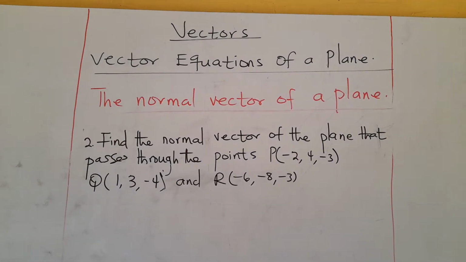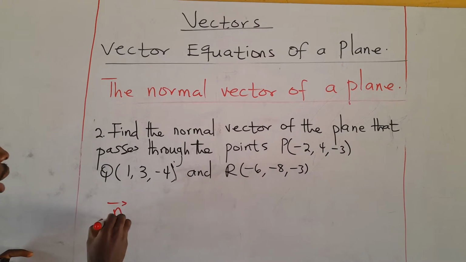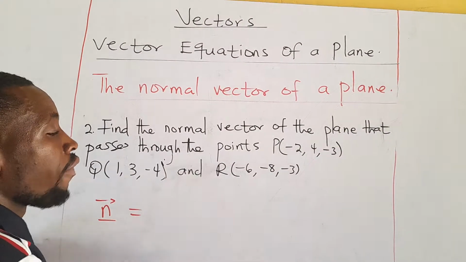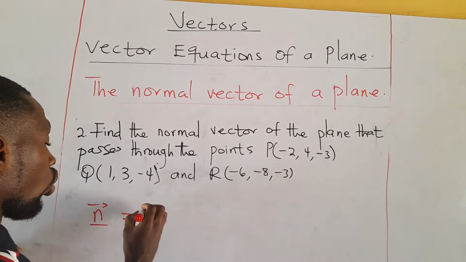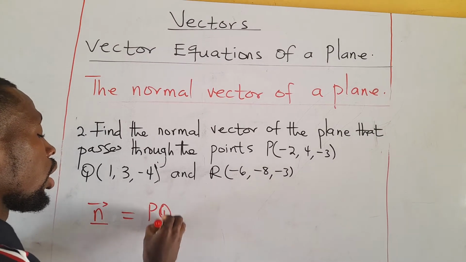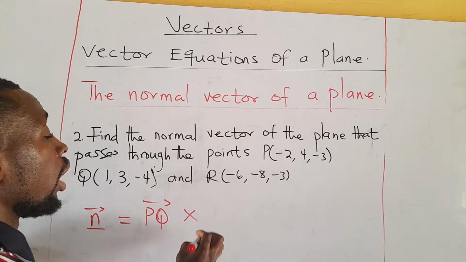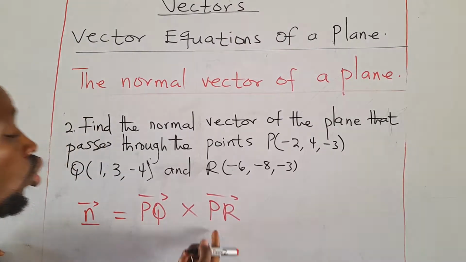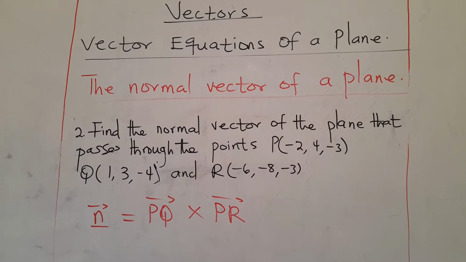So we say that the normal vector N will be equal to the cross product of the directional vector of the 3 points. So we say the cross product of PQ and PR.